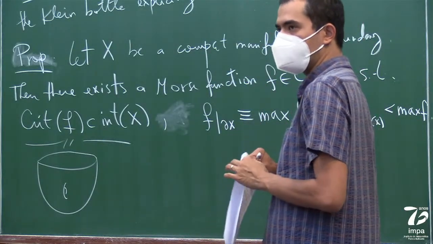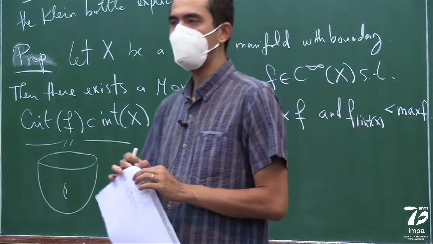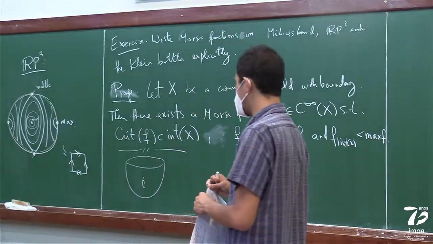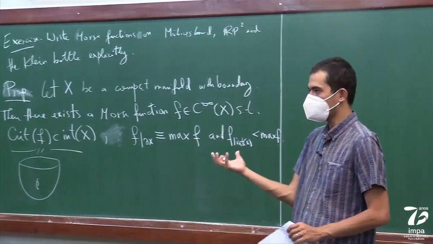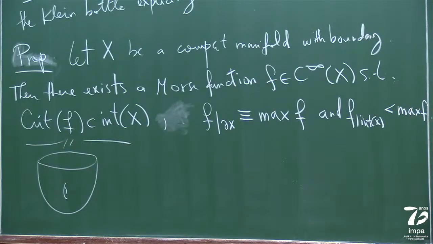Okay, so you should think of basically something like this. If you have a compact surface with boundary, it's not very hard to think about how to put the surface in R3 so that the boundary is all the highest level of the function and not critical. But this is actually true for any compact manifold with boundary. We can find such a Morse function. I told you, if you want an embedding, for the Möbius band, for example, it won't work.